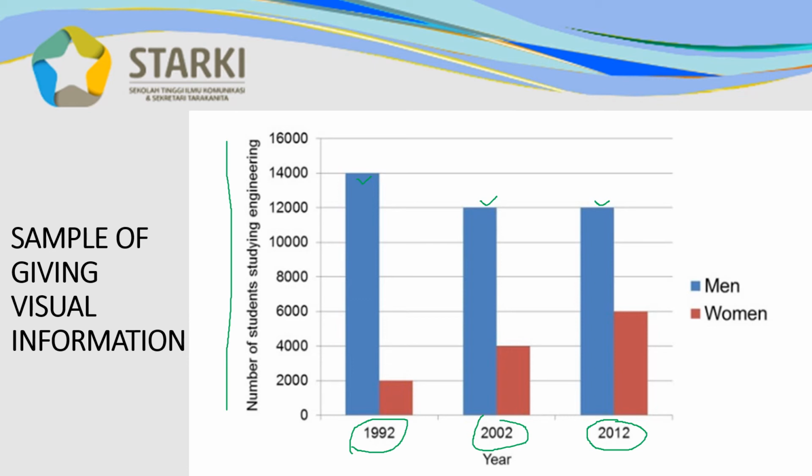It can be seen that the number of male students decreased slightly from 14,000 in 1992 to 12,000 in 2002, and then remained constant through the following decade.